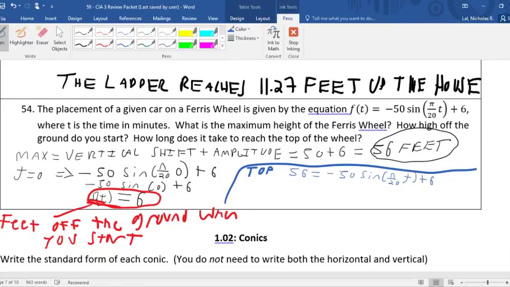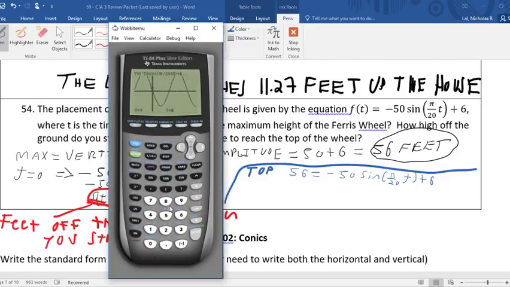So to isolate t, we have to take 56, subtract 6, divide by negative 50, take the inverse sine of that value, and then divide that by pi over 20.